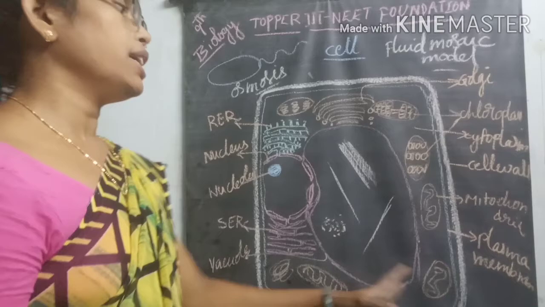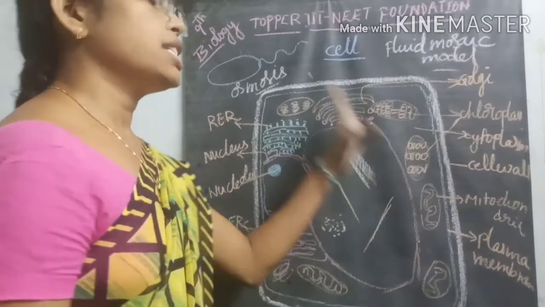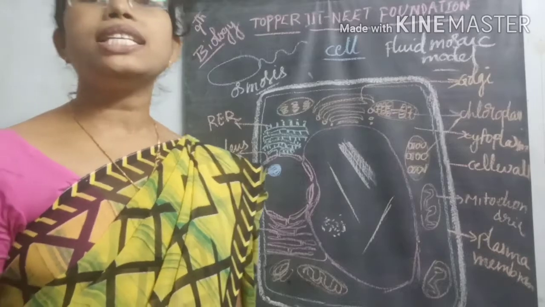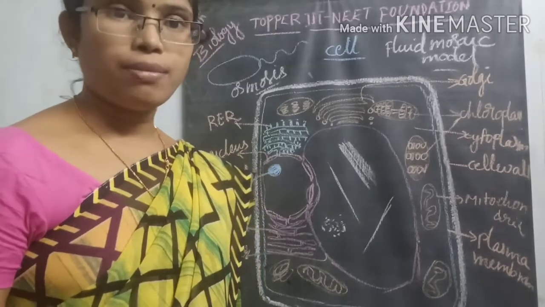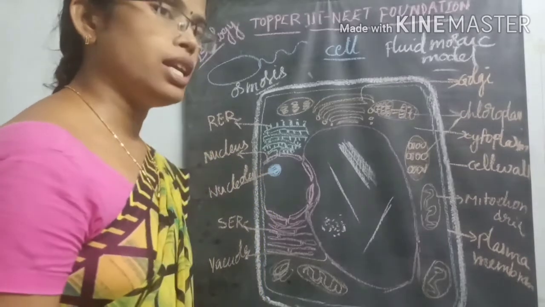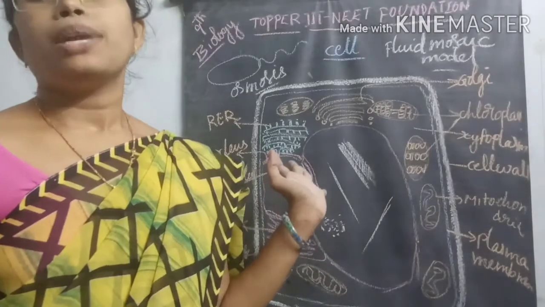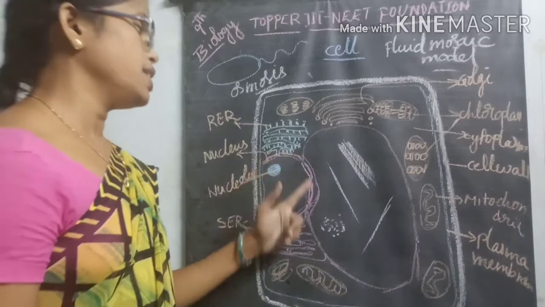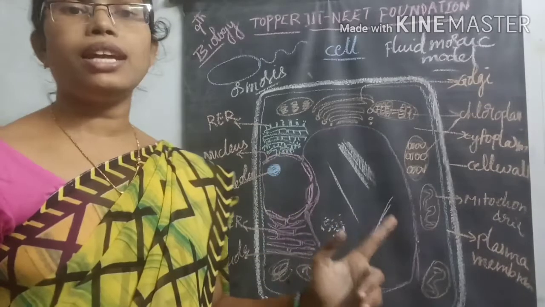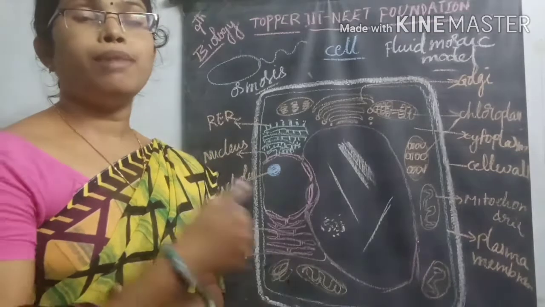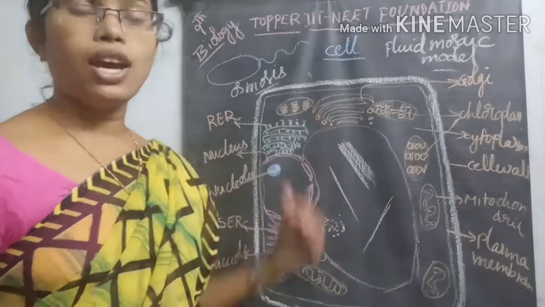So the liquid material which is present inside the plasma membrane is called cytoplasm. Inside the cytoplasm, the nucleus is present. The nucleus is a double membrane layer containing cell organelle.